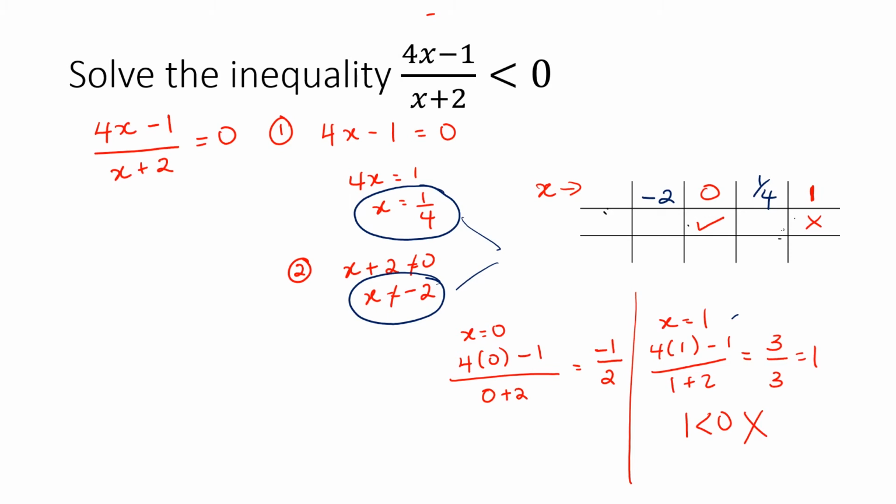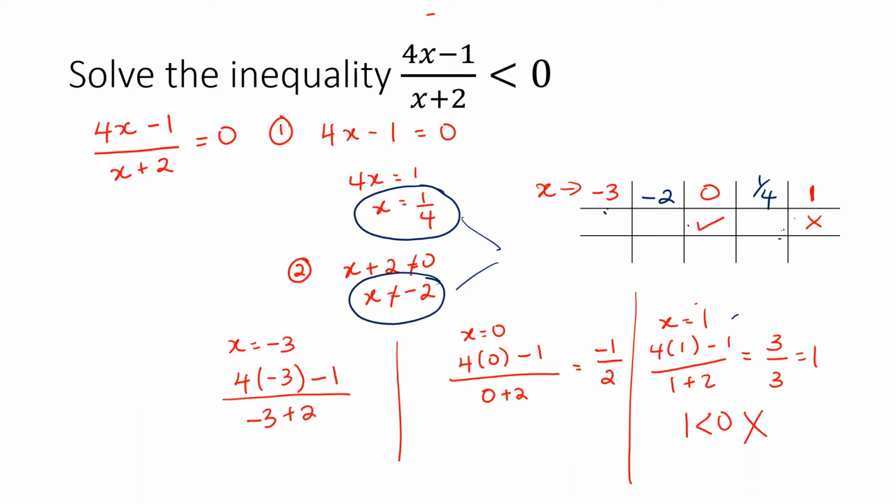Then we take a number less than negative 2. I will take, let's say, negative 3, and then we check. x equals negative 3. I'm over here on the left. So we go 4 times negative 3 minus 1, over negative 3 plus 2.